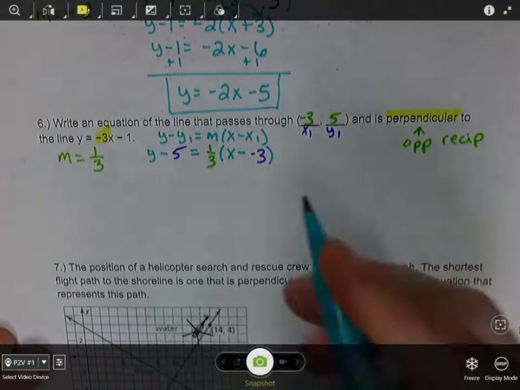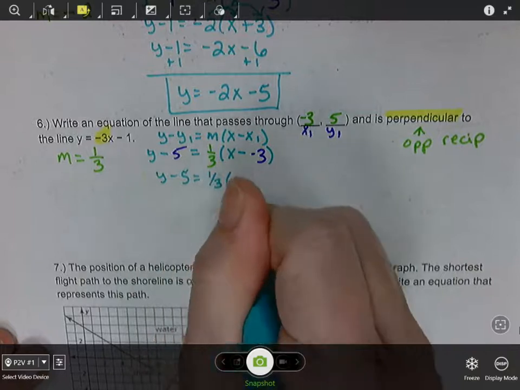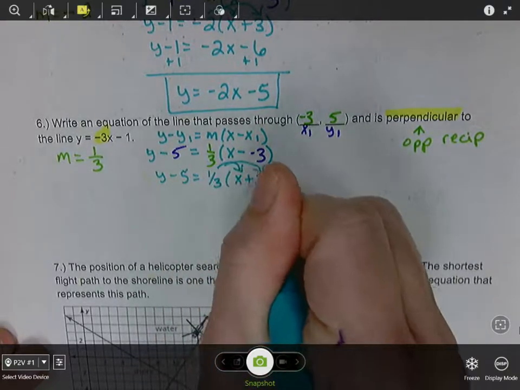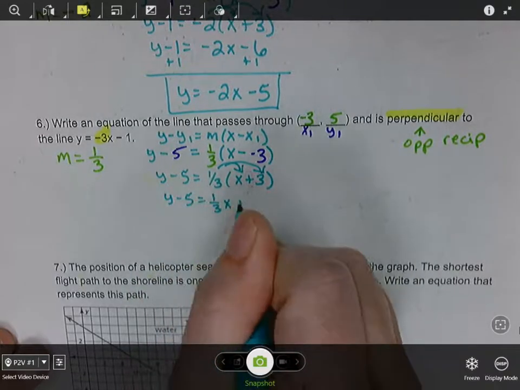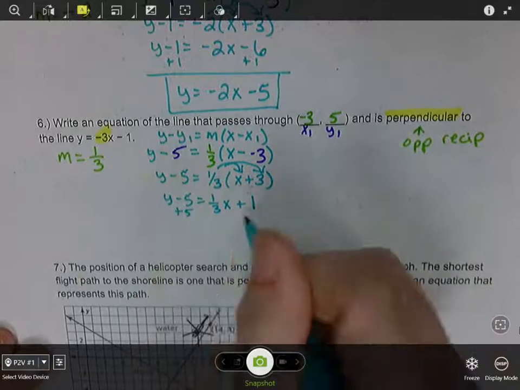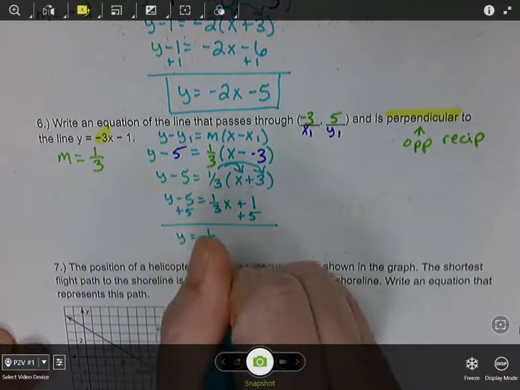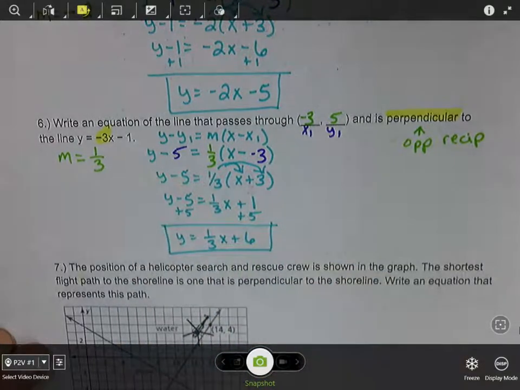And we start simplifying. Y minus 5 equals 1/3 times x plus 3. We distribute the 1/3. Y minus 5 equals 1/3 x plus 1. 1/3 times 3 is 1. And we add 5. Y equals 1/3 x plus 6. And there you go.